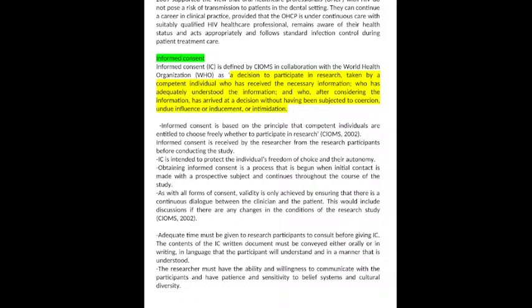I'm trying to simplify what is highlighted in yellow. It is a decision to participate in research taken by a competent individual who has received the necessary information, who has adequately understood the information, and who, after considering the information, has arrived at a decision without being coerced or under any intimidation. In short, we are saying this.